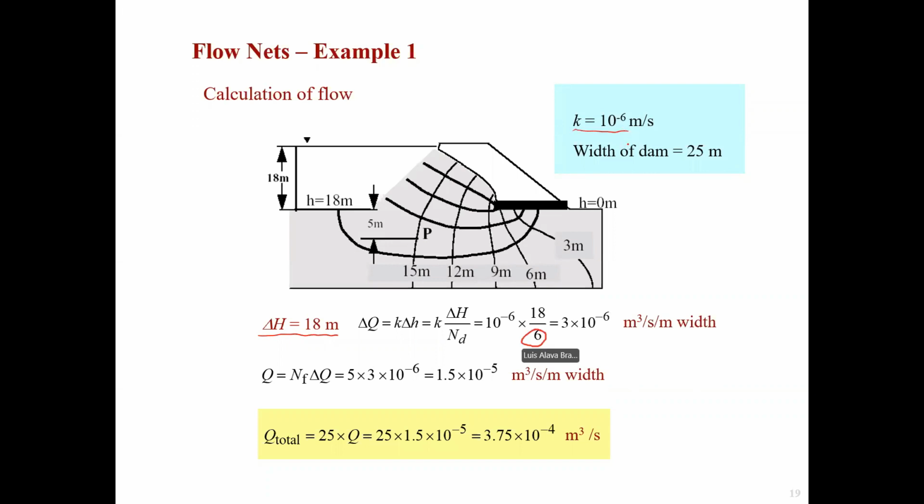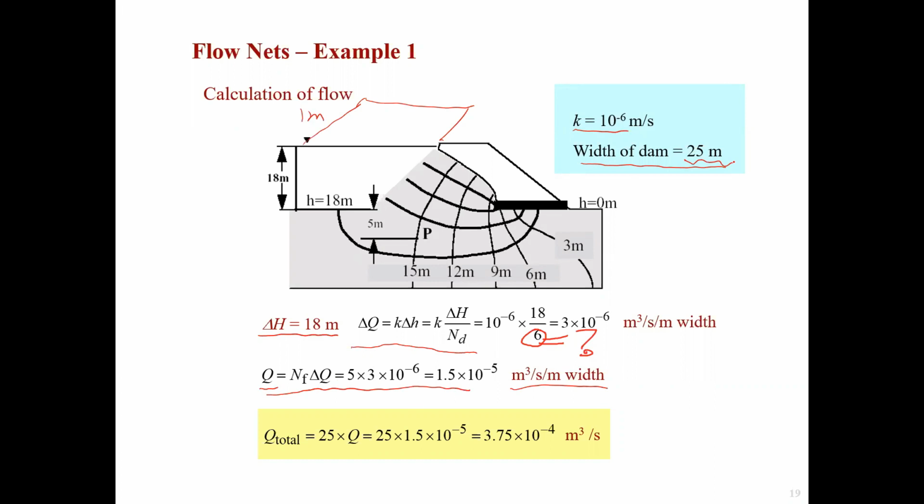So if we put the magnitude of each value into this equation, then we could get the value of delta q and also the value of q. Because this is unit width, that's the q. This is only the seepage for the unit width. By unit width, I mean the length perpendicular to the screen. So that's only for a 1 meter dam.